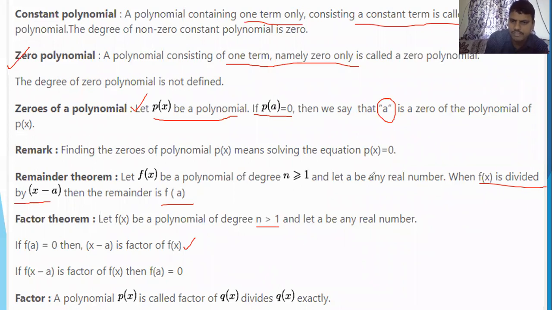In the remainder theorem, if the divisor is x minus a, you substitute positive a and find f(a). Whatever answer you get is the remainder. Like that, if f(a) is equal to 0, x minus a is a factor. When you substitute plus a and get answer 0, then x minus a is a factor. If x minus a is a factor, you'll get f(a) equal to 0. I'll give you one example, you'll understand clearly.